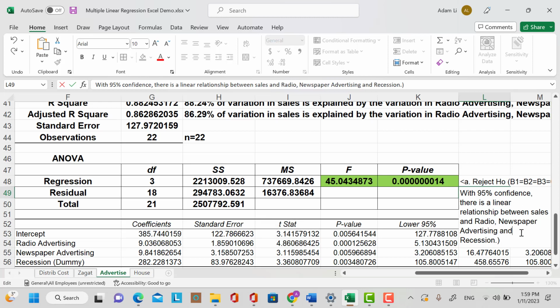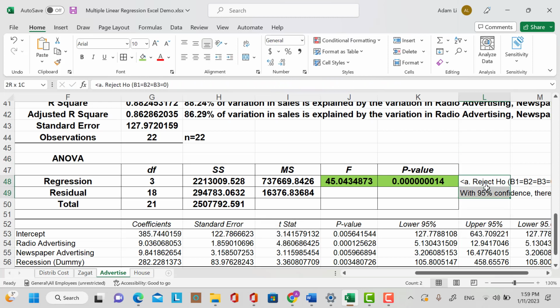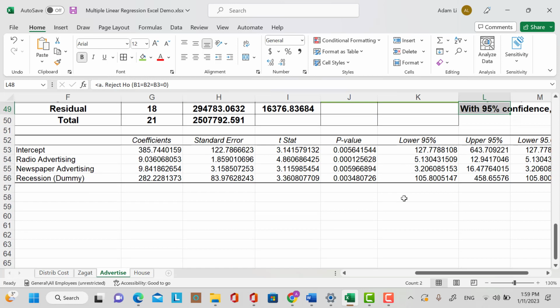Okay, so that's how we interpret the overall model, where the ANOVA output gives us the effectiveness of the overall model.